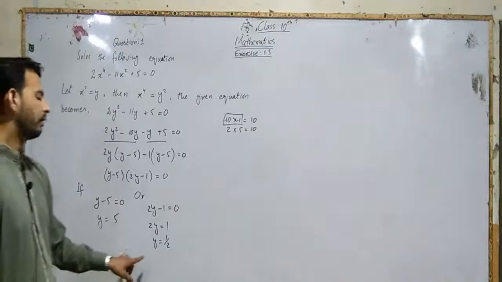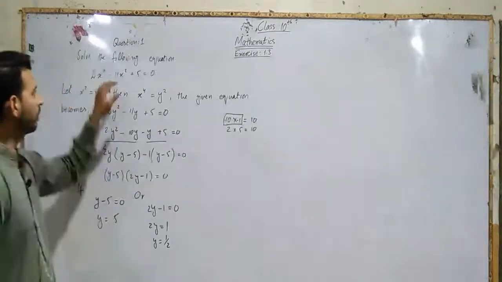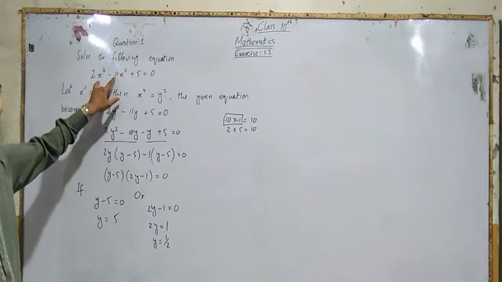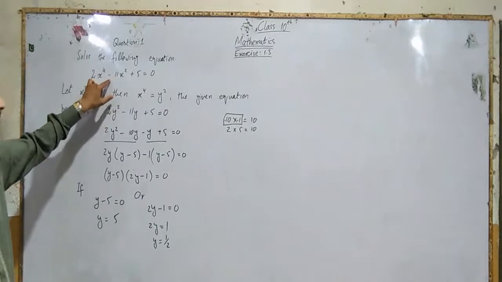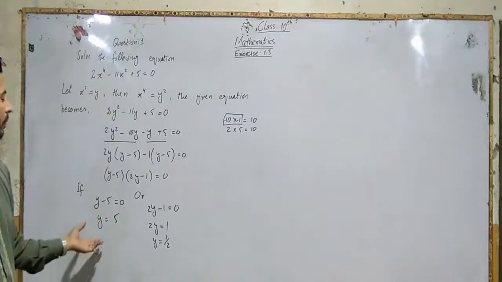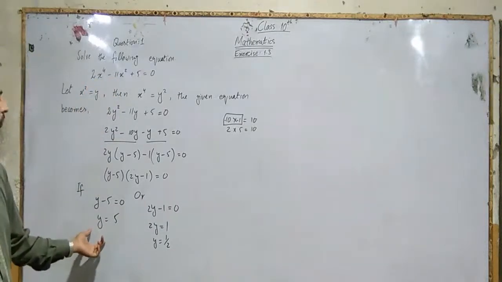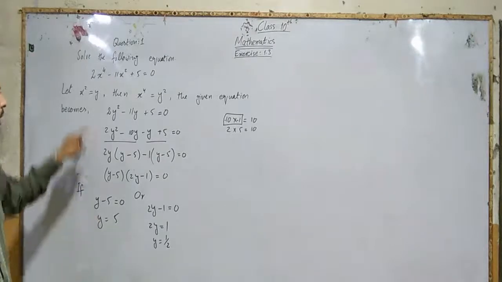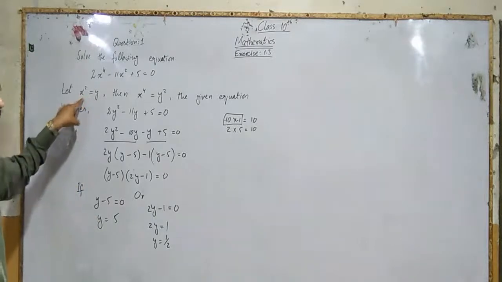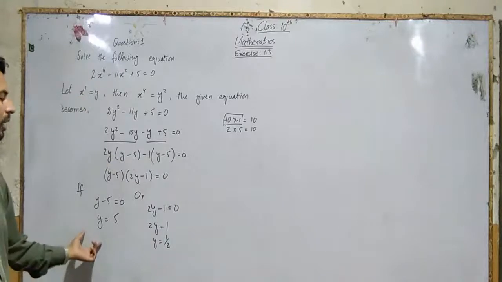Students, now this is the value of y, but in the equation we have x. So we have to find out the value of x. Now we will put the value of y here, like value of y is x square. So we will put x square here.